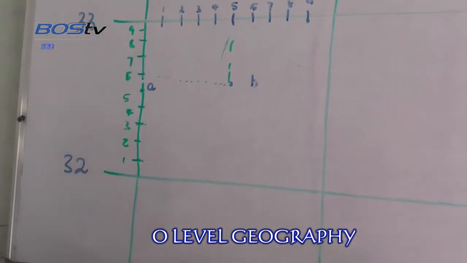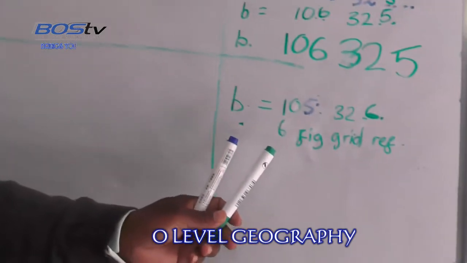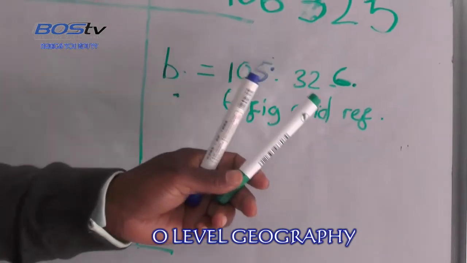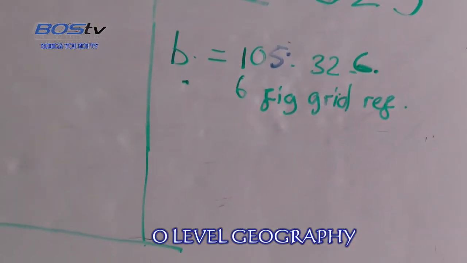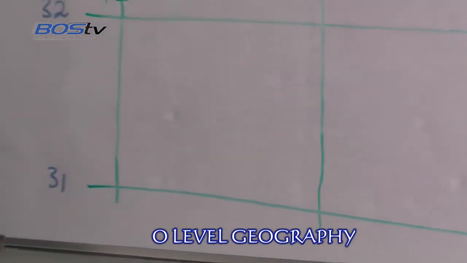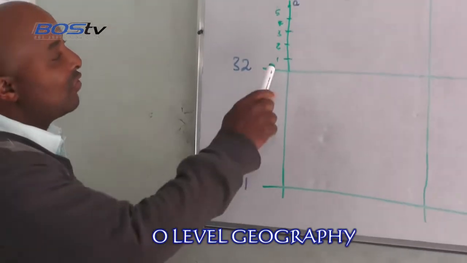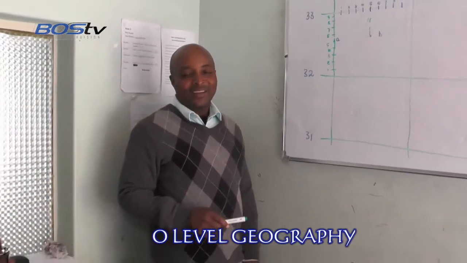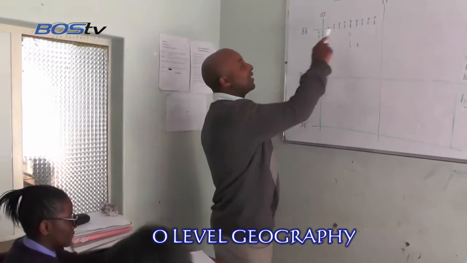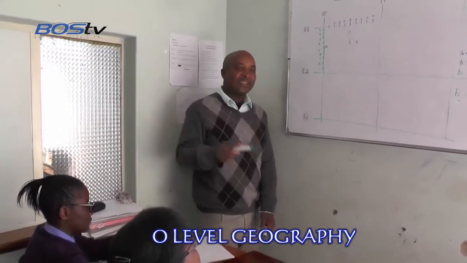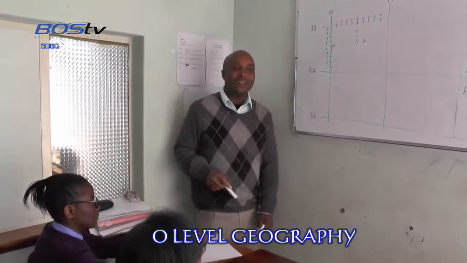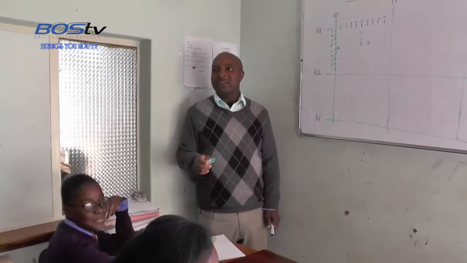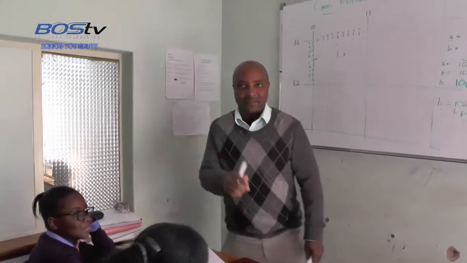Then what it means therefore is that our 6-figure grid reference for B is 105326. Just to correct you, when you said eastings, the next thing that you did is you were now looking at the northings. And when you said northings, you were now looking at the eastings. The same applies to the second presenter.